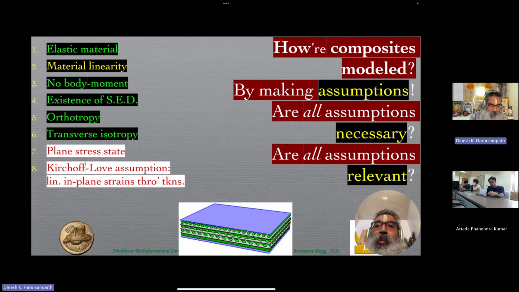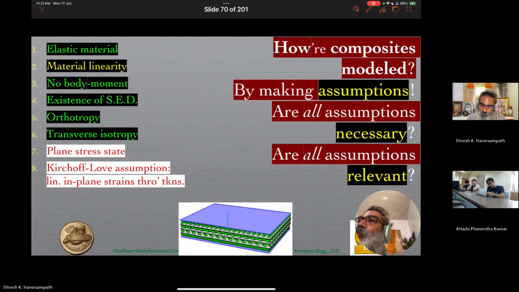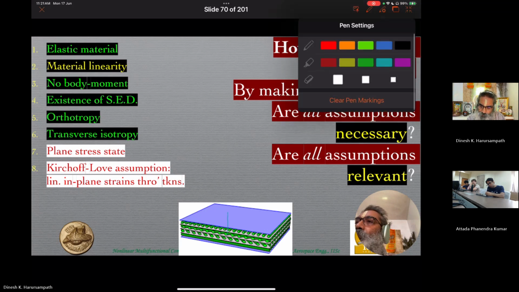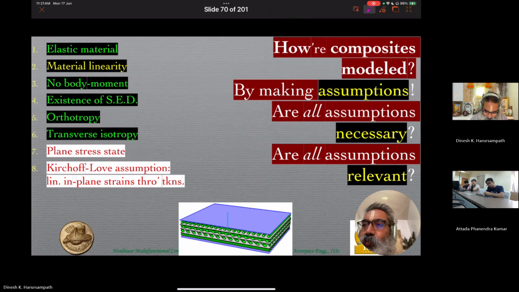And this is essentially assuming that the in-plane strains are linear through the thickness. So in other words, if you see this laminate that we have over here, and if you introduce this coordinate x3 along the thickness, that's essentially what we are saying: the through-the-thickness coordinate is x3.